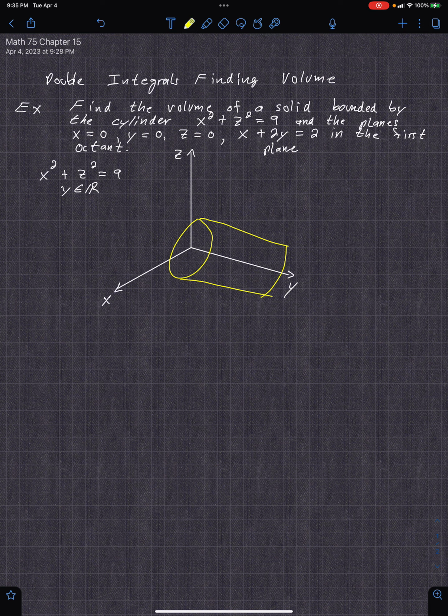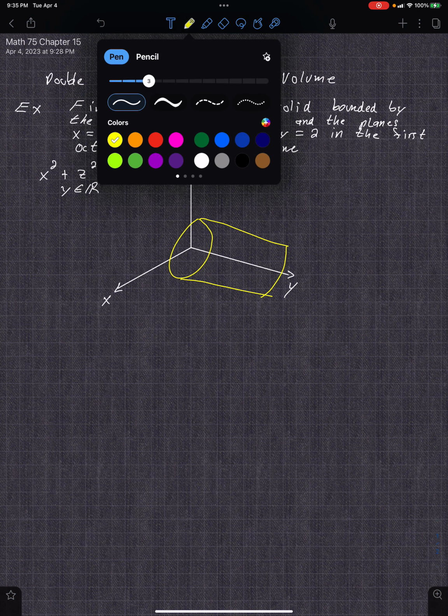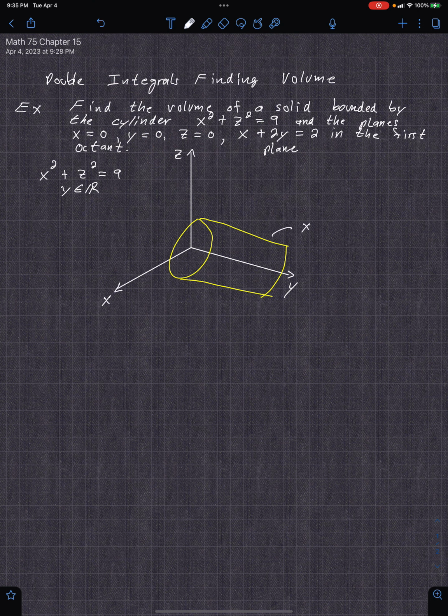All right, so that is your x squared plus z squared equal to 9. We can get top half and bottom half of that. Oh wait, sorry, that's supposed to be a z right there.